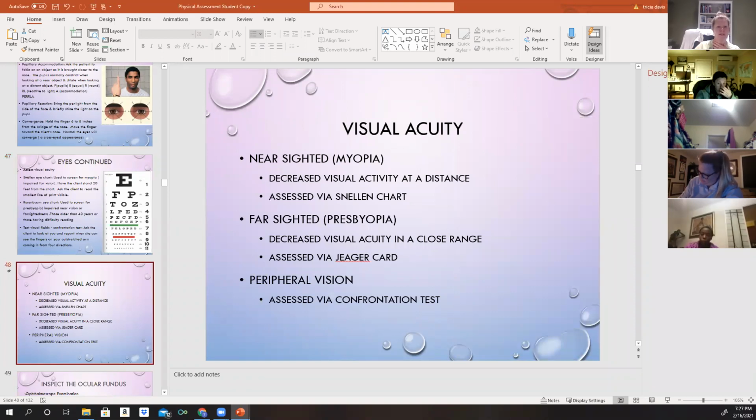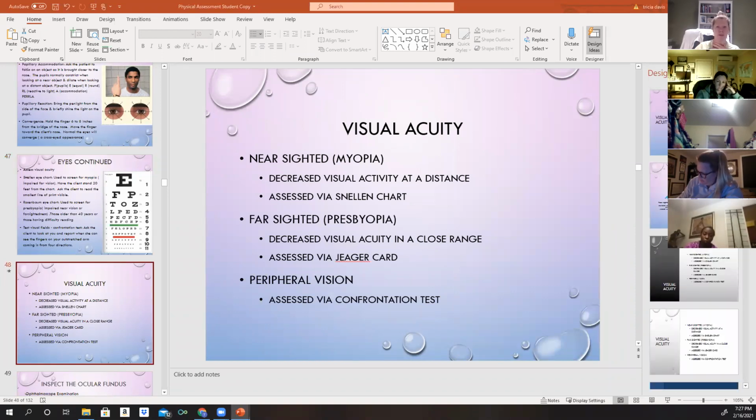So what type of visual acuity issues can we see in our patients? If your patient has myopia, that is nearsighted. There's decreased visual acuity at a distance, so you cannot see at a distance. You would assess that via the Snellen chart. You have farsighted, or we call that presbyopia. That's decreased visual acuity at close range.